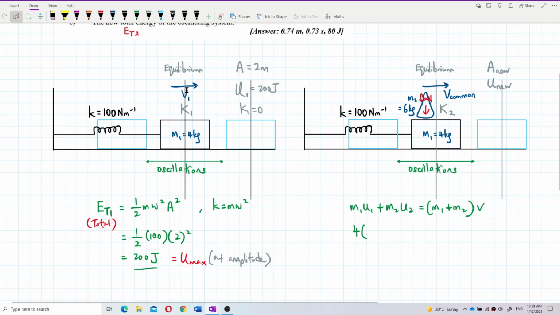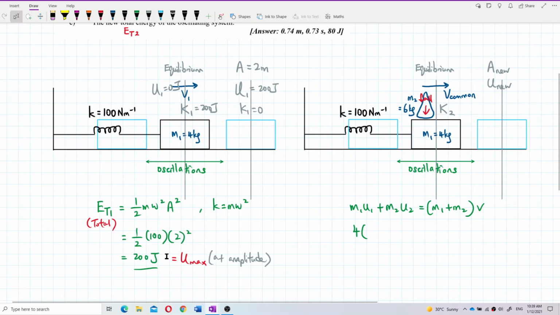But at equilibrium position, the potential energy here is 0, but the kinetic energy here is 200 joule. Understand? So at equilibrium position, it has maximum kinetic energy. When it goes to the amplitude, all the kinetic energy changes to potential energy. But when you return back to equilibrium position, all these 200 joule from potential energy change back to kinetic energy.